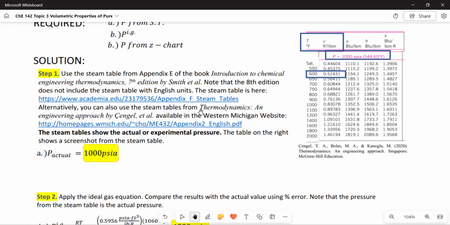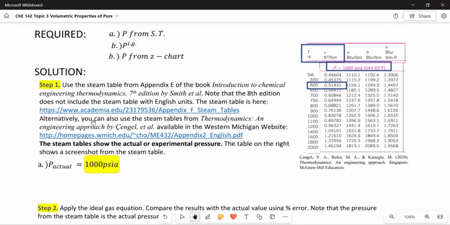Anyway, it should be the same or very near each other. So what you will get is, for 600 degrees Fahrenheit and the specific volume of that value, the pressure. So you have two parameters. That's when the pressure is 1000 psi.